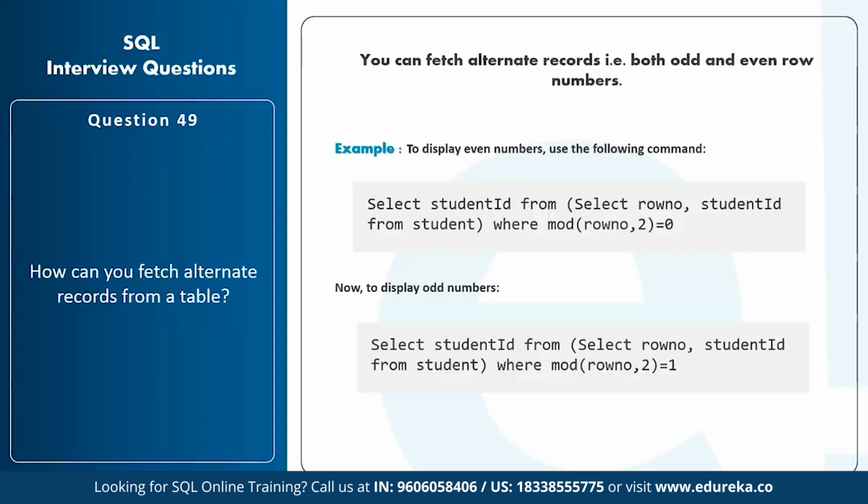So when you divide the row number by 2, and if you get the remainder as 0, then that particular row number would be an even number. And similarly, if you get a remainder as 1, then that particular row number would be an odd number. That's how you can segregate the alternate records, that is the even number records and the odd number records. You just have to mention the condition mod(row number, 2) equal to 0 for even, and mod(row number, 2) equal to 1 for odd.